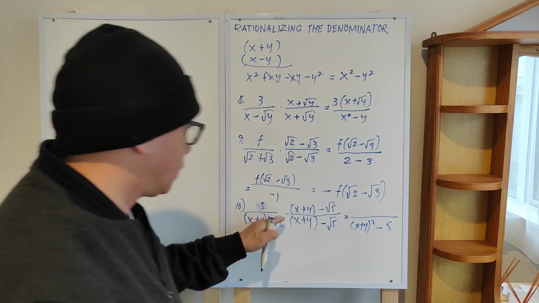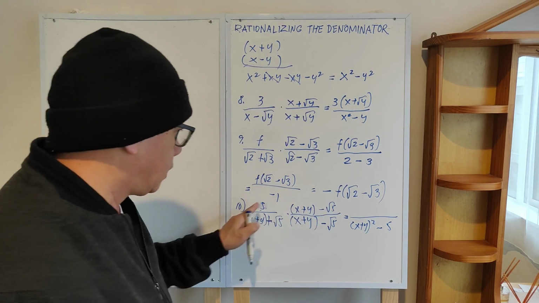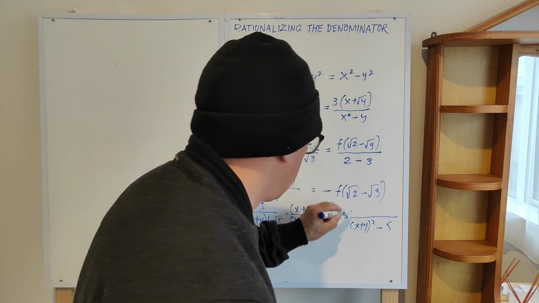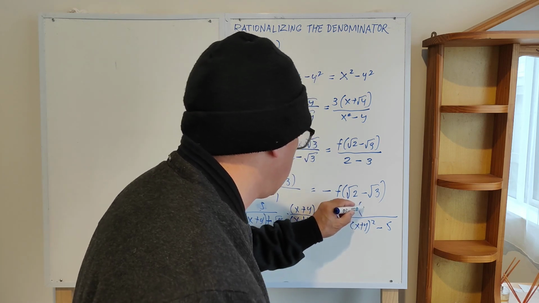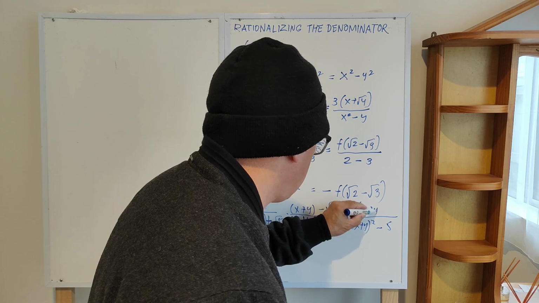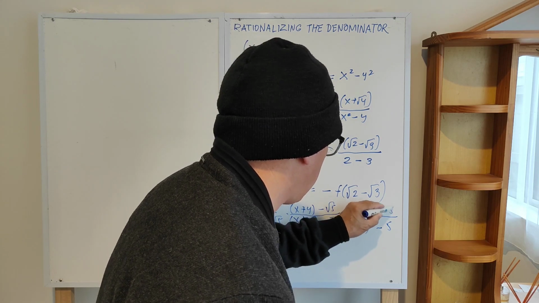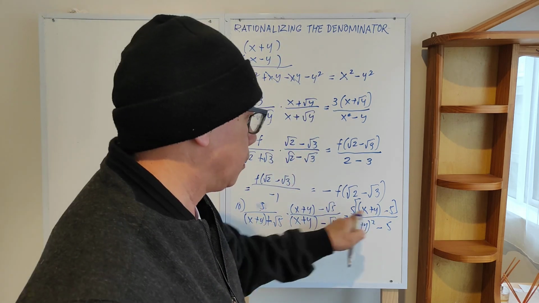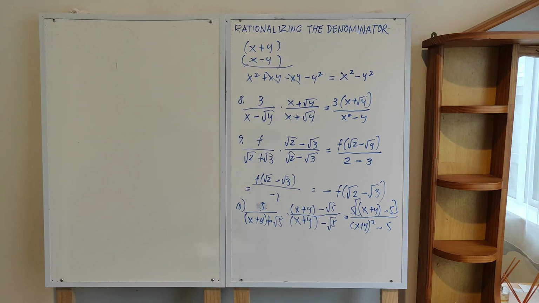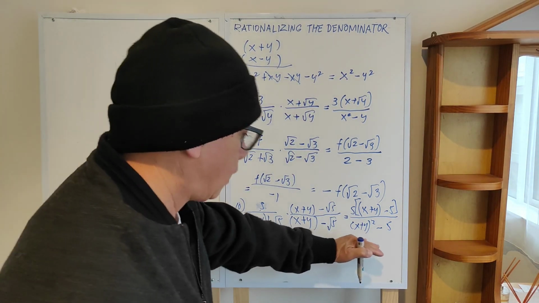And then we just multiply the top, so s multiplied by x plus y minus square root of 5. Everything will be multiplied with that one. So this is your final answer.